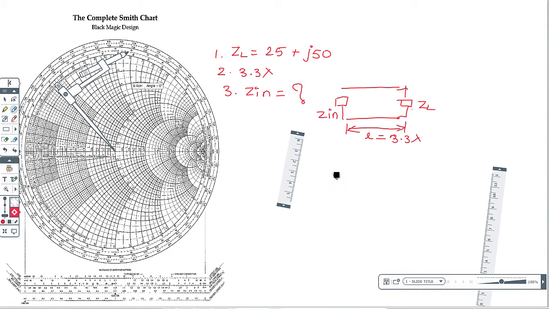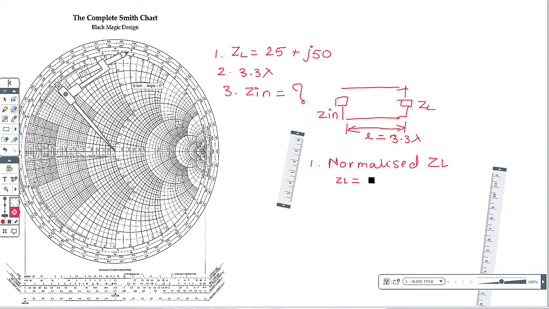Okay, so first normalize the load impedance ZL.